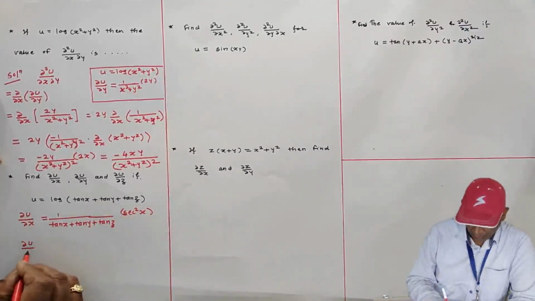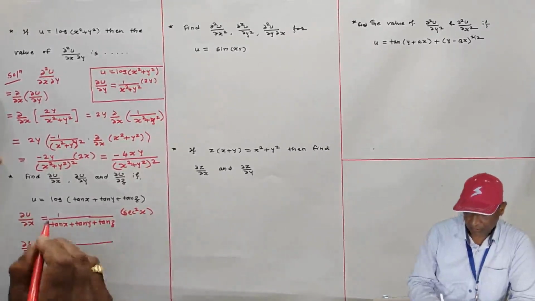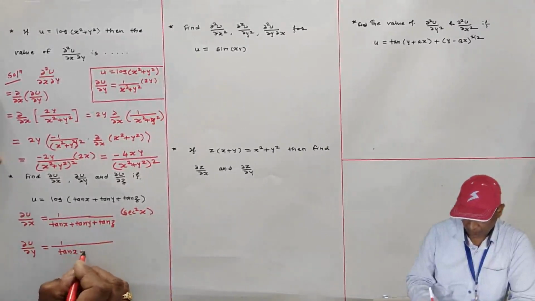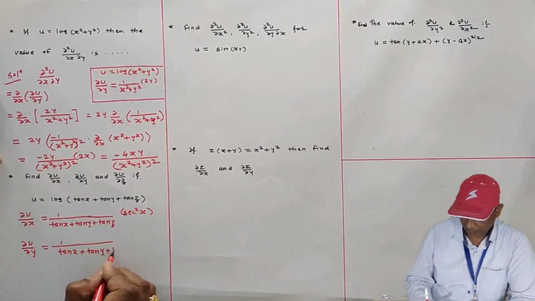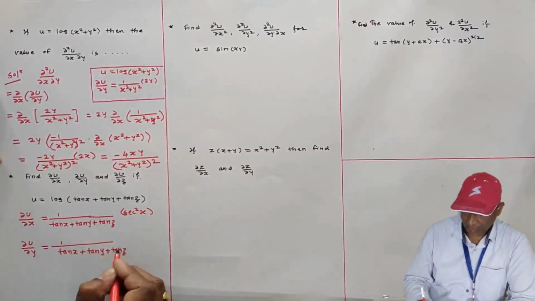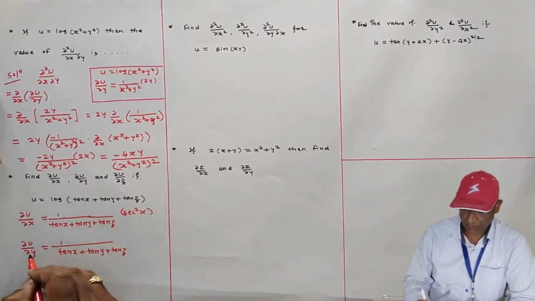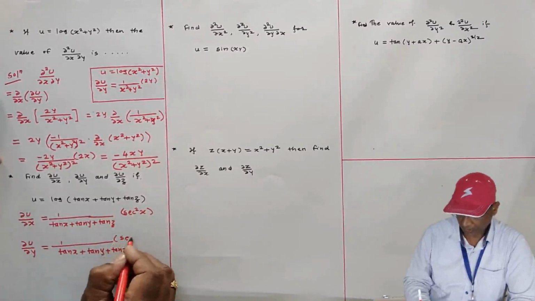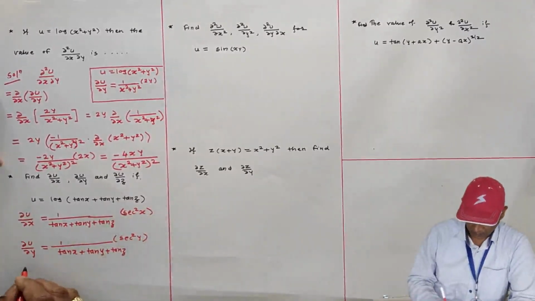Del u by del y, again derivative of this log term is 1 by tan x plus tan y plus tan z, because the y term is in the argument, and derivative of this argument only, derivative of tan x with respect to y is 0, derivative of tan y with respect to y is sec square y, and derivative of tan z with respect to y is 0 again.